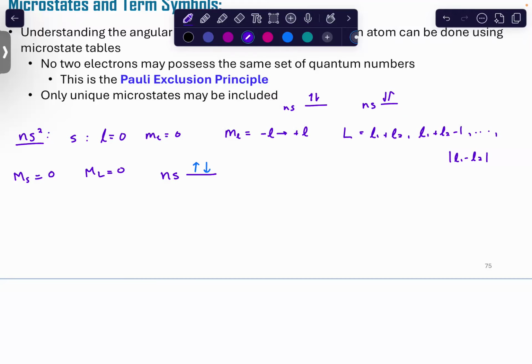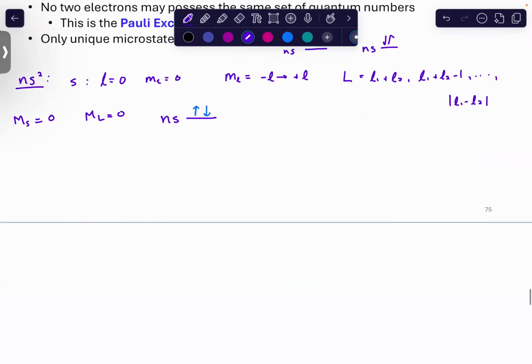So the way this looks in what's called a microstate table, I have M sub S there, and we said M sub S is going to have only a value of 0. This is a microstate table.